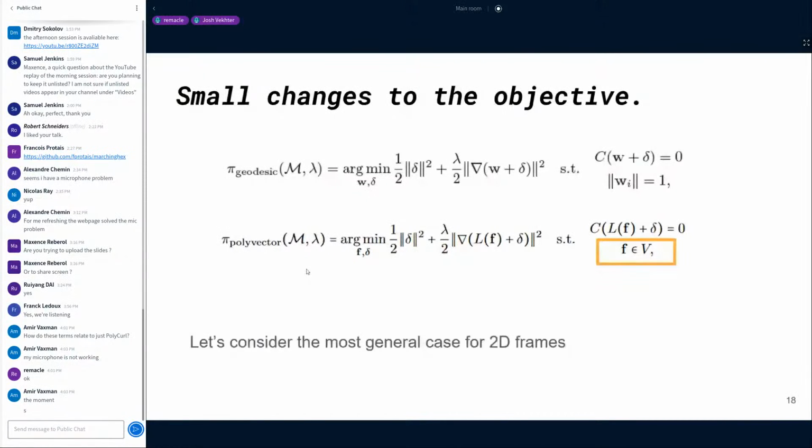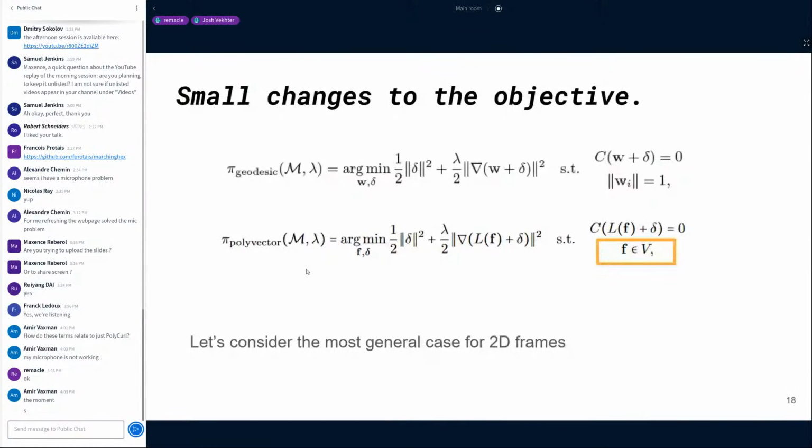This is the integrable polyvector approach, and I think it's pretty similar. They're both representing polyvectors as polynomials.